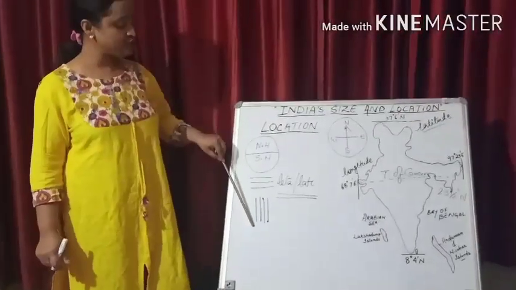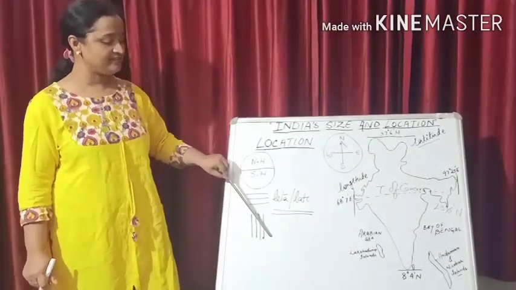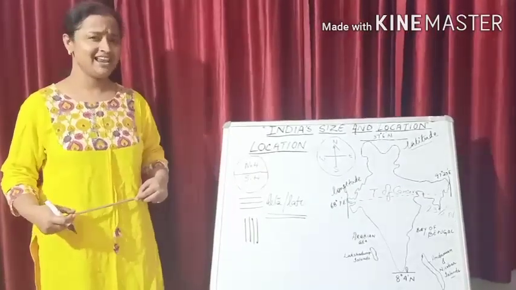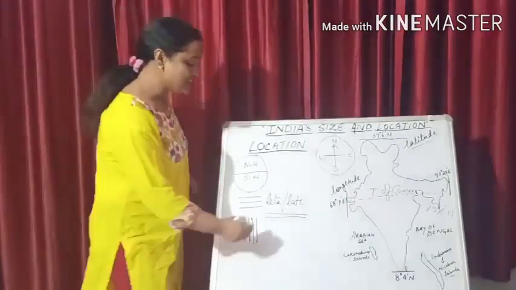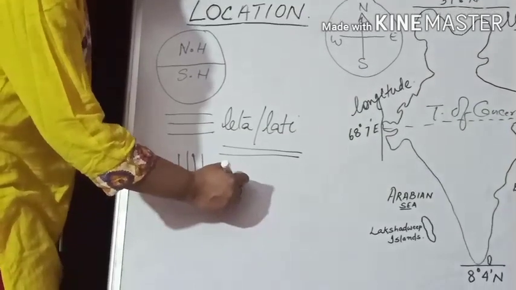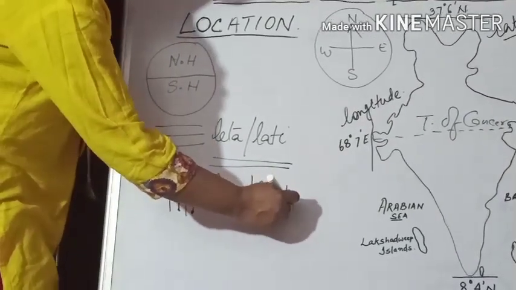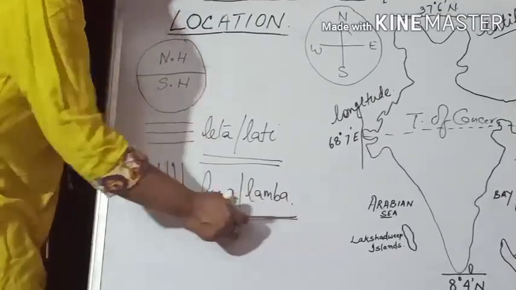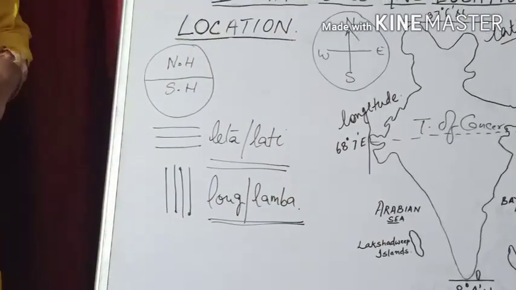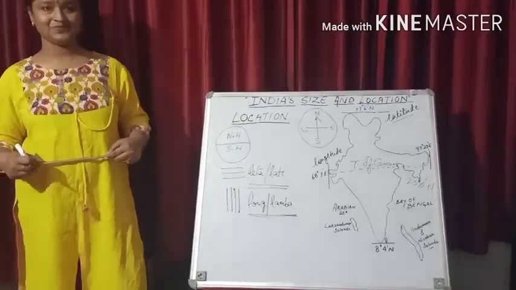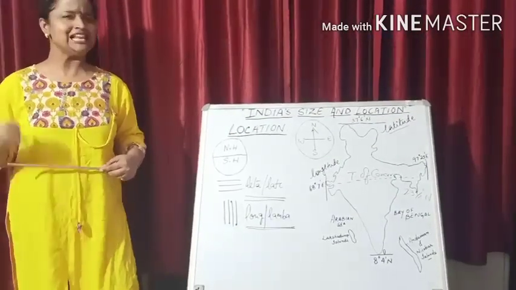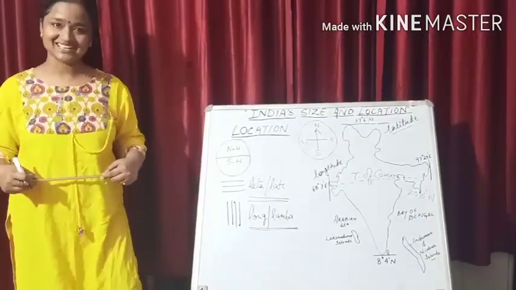A line which we are drawing in this manner is somewhat lamba, long, right? So the longitudinal lines, in my language or simpler terms, the line which is lamba is the longitudinal line. So don't you find it a little bit easier now, isn't it?